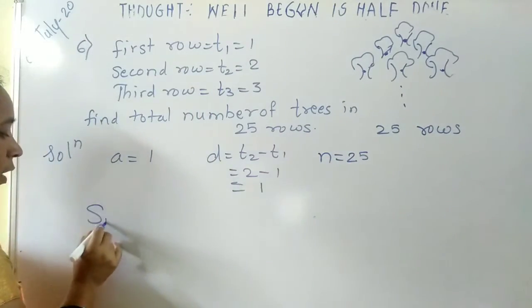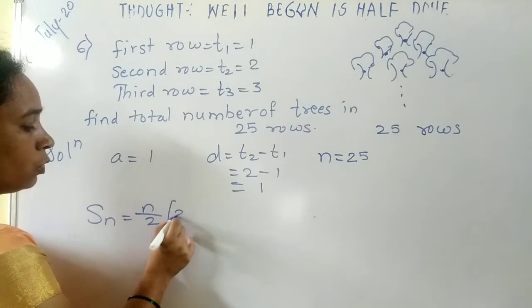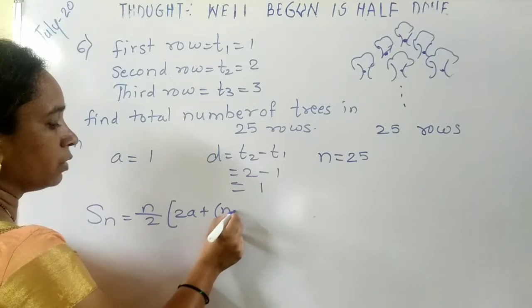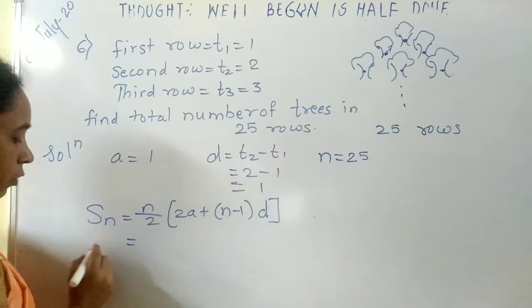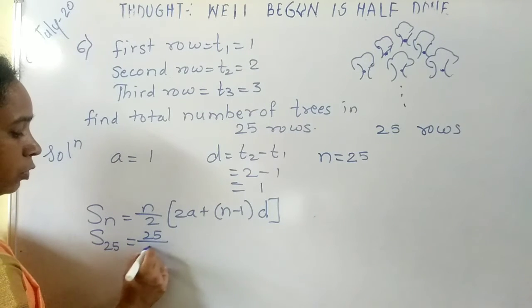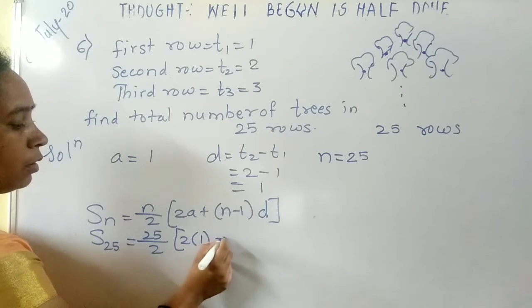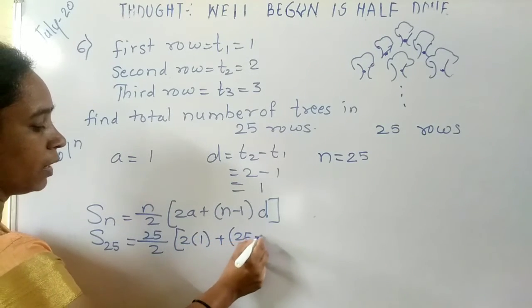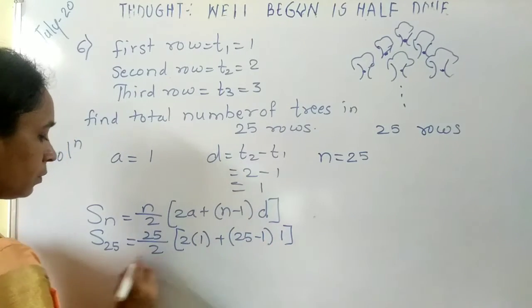So what is the formula? Sn is equal to n upon 2 into 2a plus n minus 1 into d. Put the values, we have to find out S25. So 25 upon 2 into 2 into a, A's value is 1, plus 25 minus 1 into d, D's value is also 1.